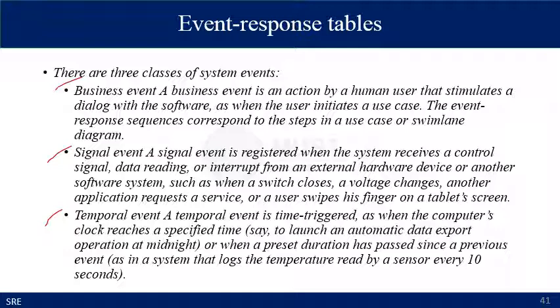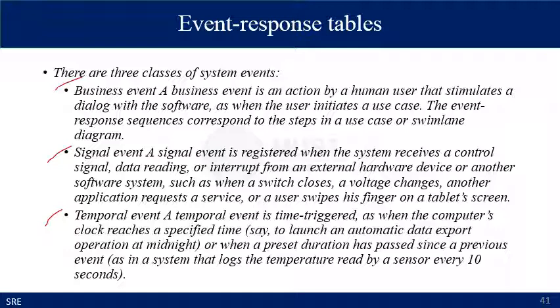If the event is a signal event, it is registered when the system receives a control signal, a reading, or an interrupt from an external hardware device or another software system. For example, when a switch closes, a voltage changes, another application requests a service, or the user swipes his finger on a tablet screen.